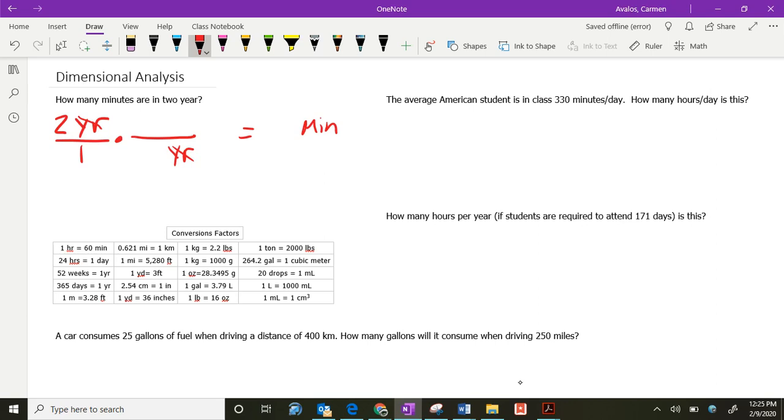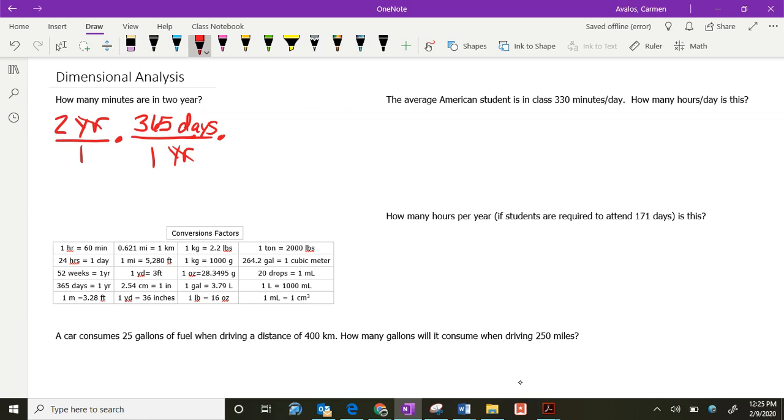And then I don't know how many years are in a minute. But I do know that I'm going to have 365 days in 1 year. And so I have a relationship here between years and days, and that's getting me closer to the minutes. So then the next thing that I want to do is I'm going to change this.